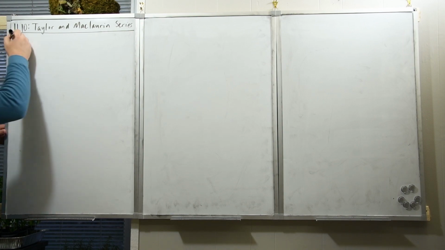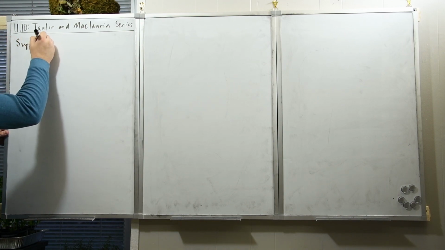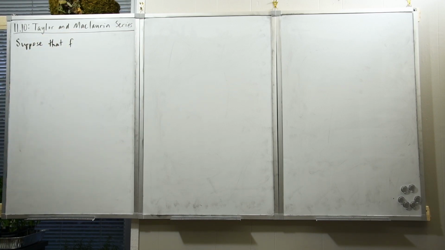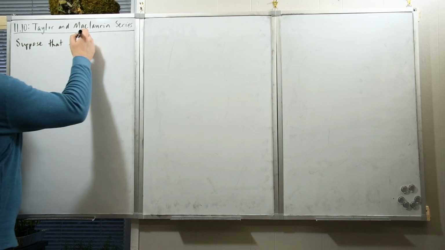So we're going to start out with a function f. And we're going to suppose that f can be represented by a power series.